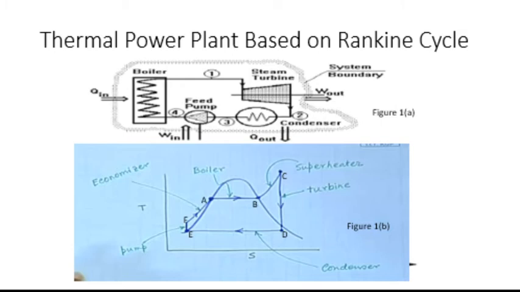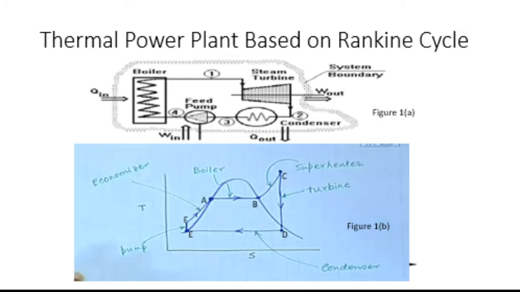In the condenser, heat is being extracted. We are taking out the latent heat, keeping the temperature constant, but the state of steam is being changed to the water state. As the state is changing and we are extracting heat out of it, entropy will be reduced.